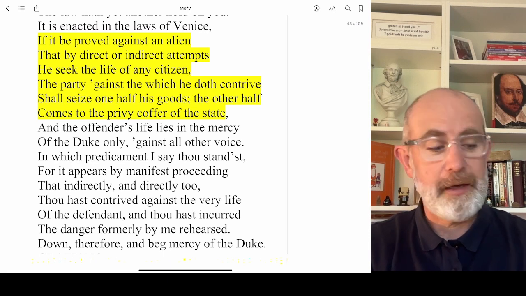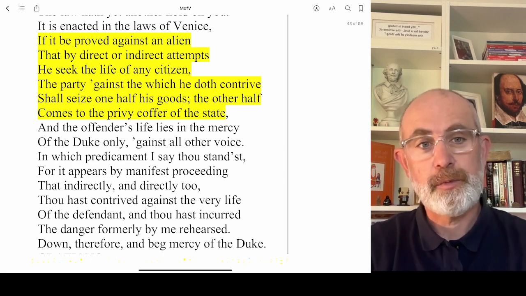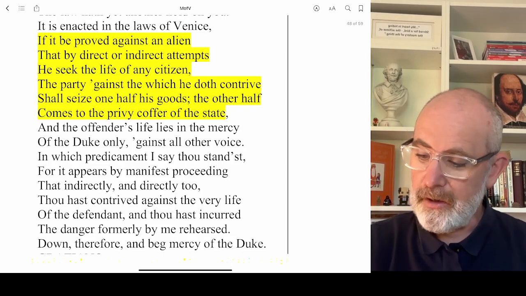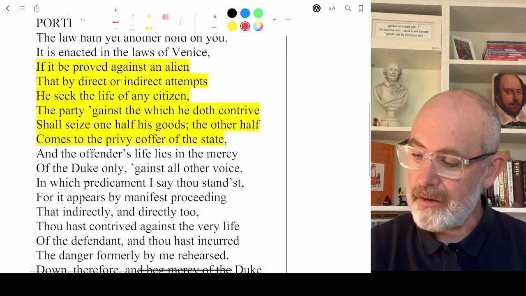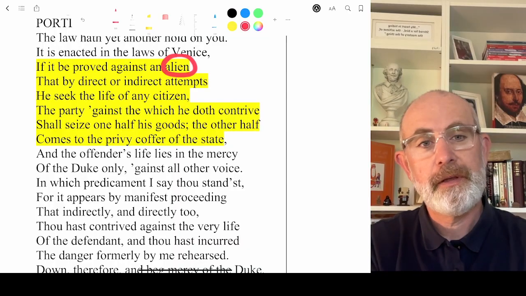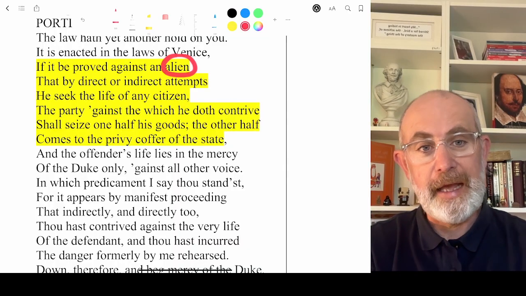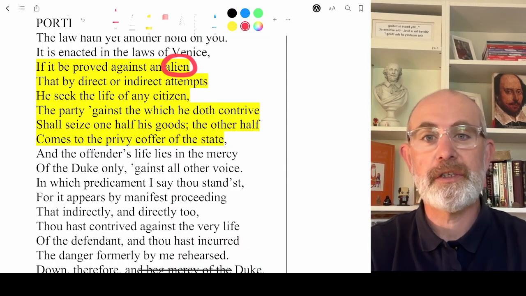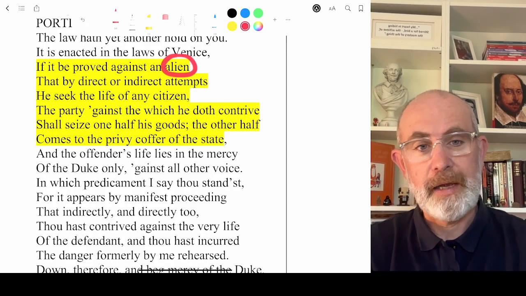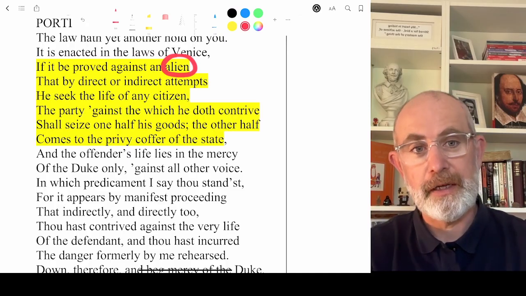She's now saying that Shylock knew that this would result in suffering for Antonio. Antonio is a citizen of the state. Shylock, even though he's probably born and reared in Venice, is regarded as an alien because of his religion. And the punishment for an alien plotting against a Christian citizen is to be bankrupted, to lose everything, to have half of his estate given to the victim, i.e. Antonio.